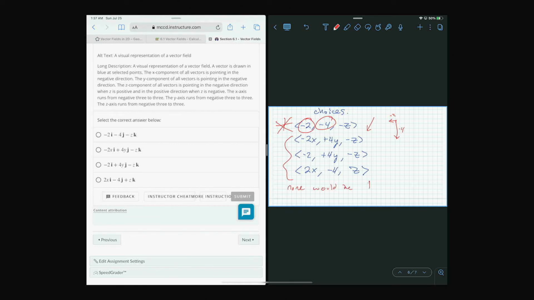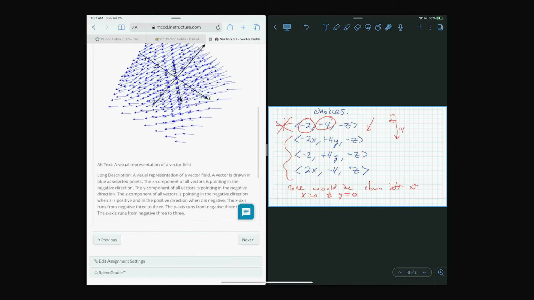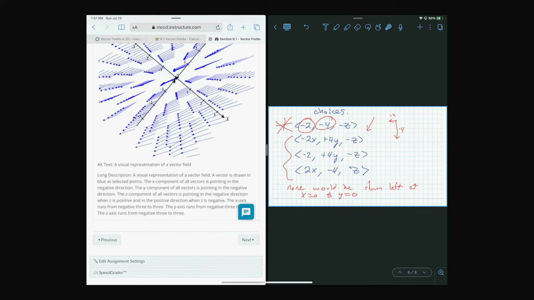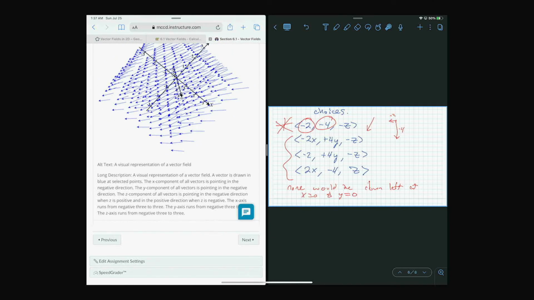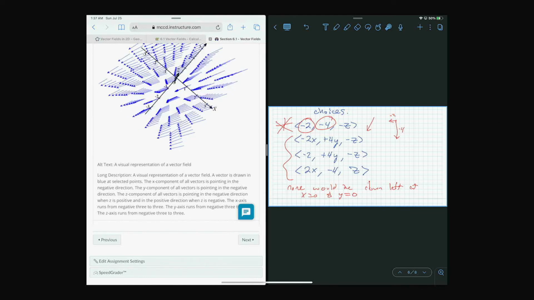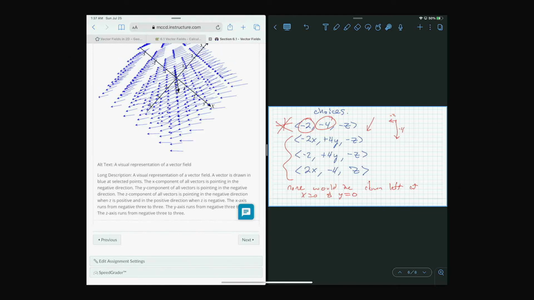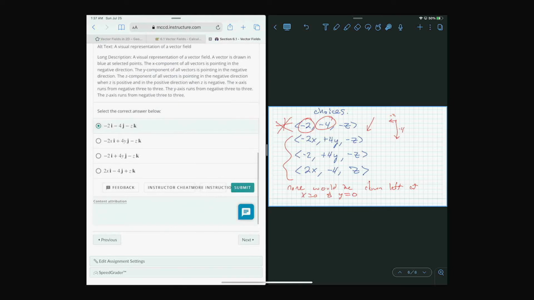Some of them would be one or the other. Like this is negative 2 to the left, but here the y would be 0 when y equals 0, which would mean you would see vectors of length 0 along the x-axis, and we don't. They all kind of look the same length. So I'm already done just from that. I just go, okay, well, it's that one.